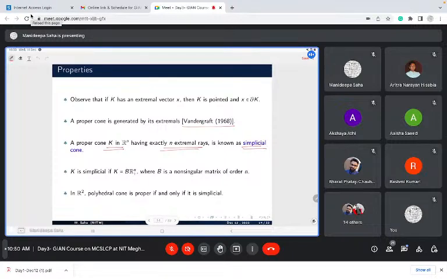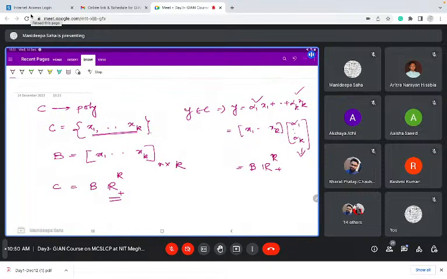So now, because we have seen in the case of a polyhedral cone that it can be written in the form C equal to B R^k plus. Now, if it is a simplicial cone, suppose I say that S is a simplicial cone, then what is this form?